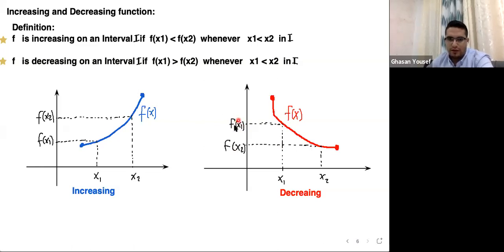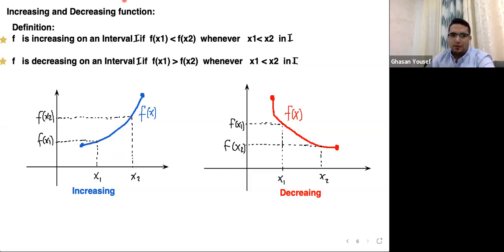The y value here, f of x2, is less than the value here for f of x1. Again, x2 is greater than x1, but f of x2 is less than f of x1. This is the interval I.